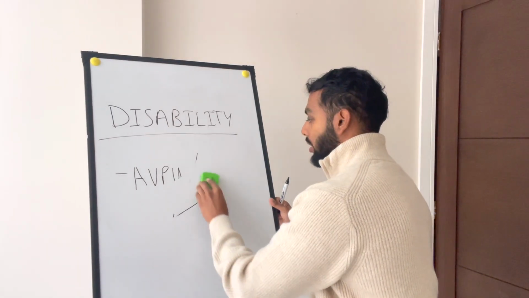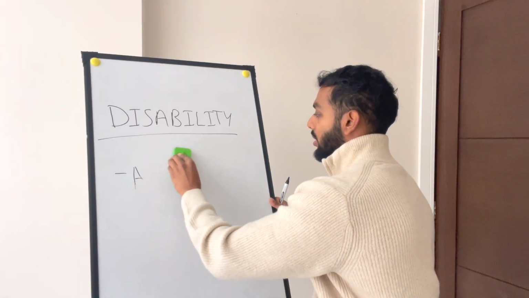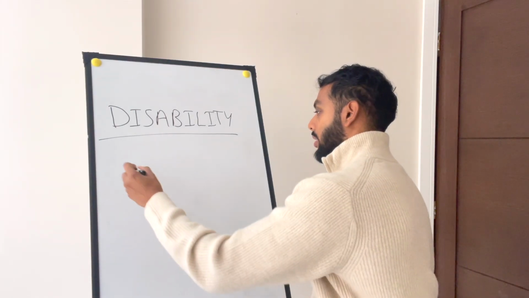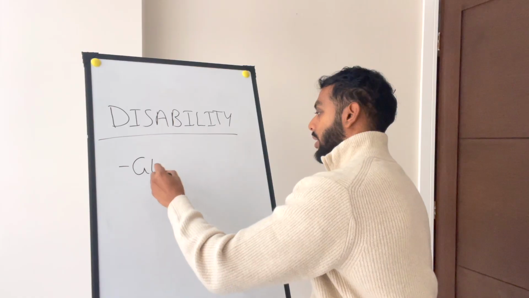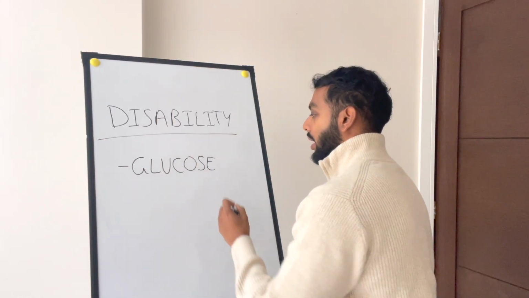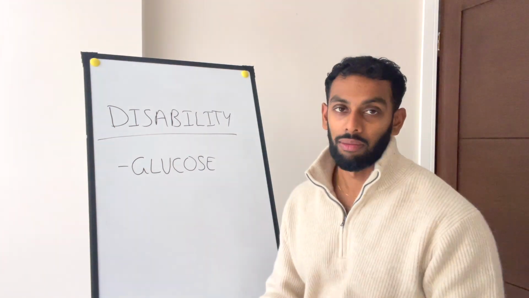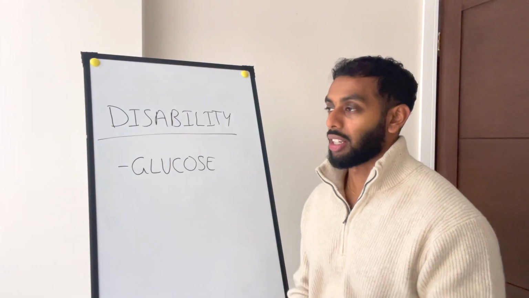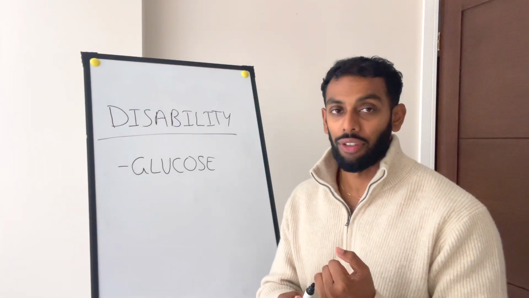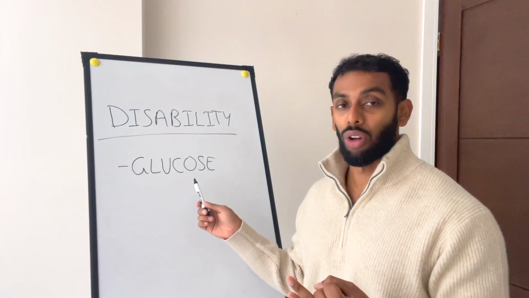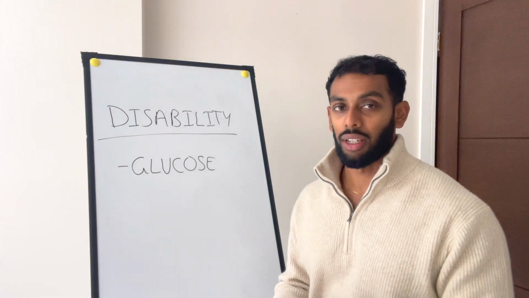The other thing you have to look out for in disability is, and this is the one most medical students and F1s forget, glucose. You need to check their glucose. The reason you need to check it is because 1, it's really fast to do, and 2, if it is low, you can reverse it really quickly.